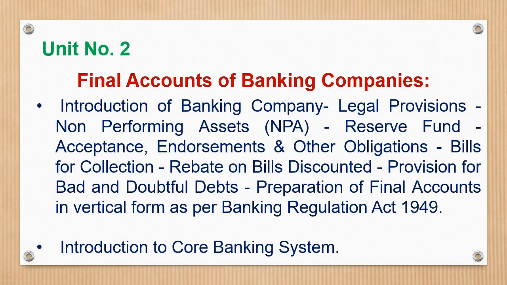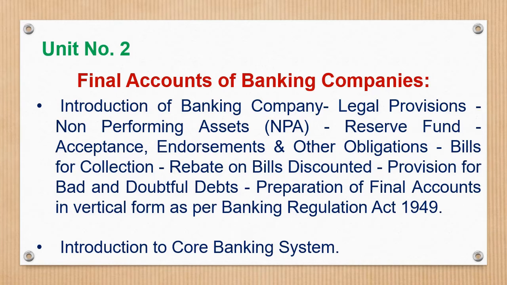In this unit, we prepare final accounts in vertical form, that is Form A and Form B. Form A is related to the balance sheet and Form B is related to the income statement, that is profit and loss account. And in the working notes we prepare 16 schedules.